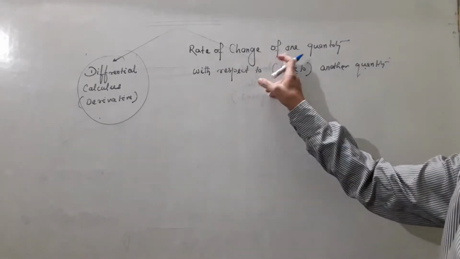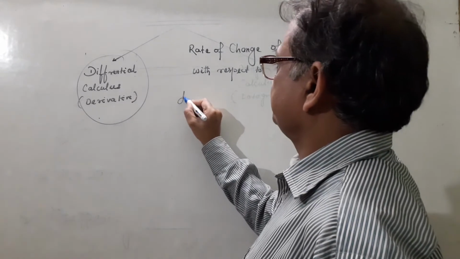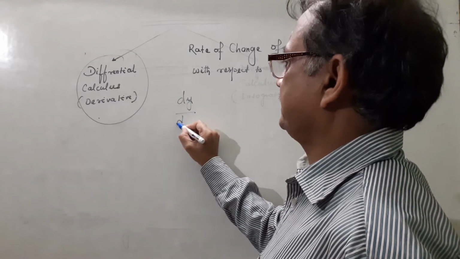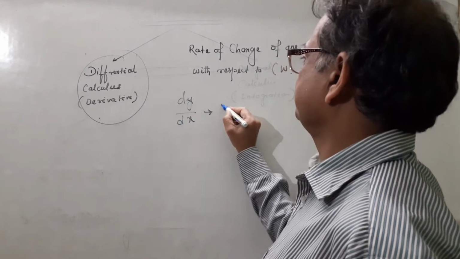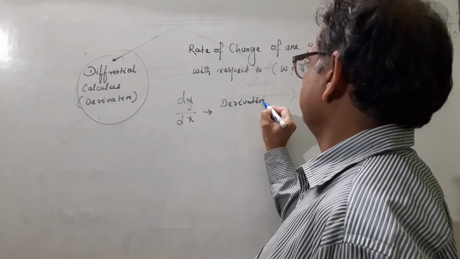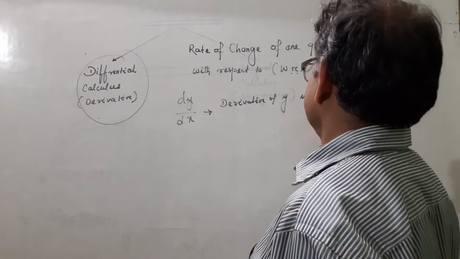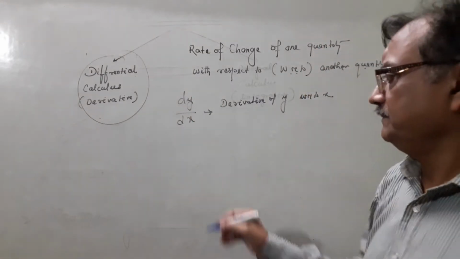Rate of change of one quantity with respect to another quantity, denoted by, suppose I write dy by dx. This gives the derivative of y with respect to x.